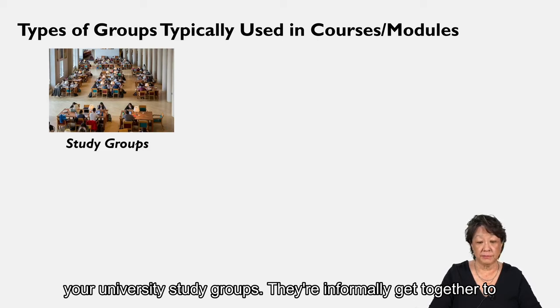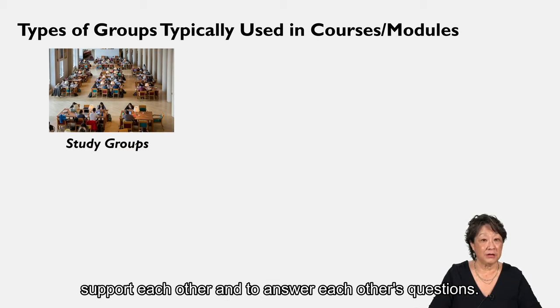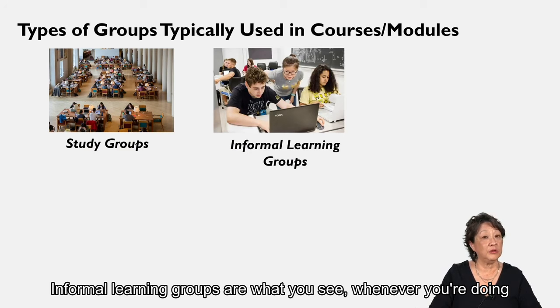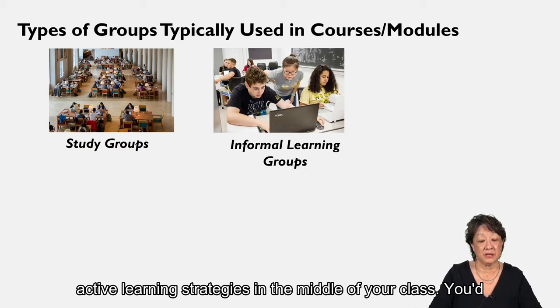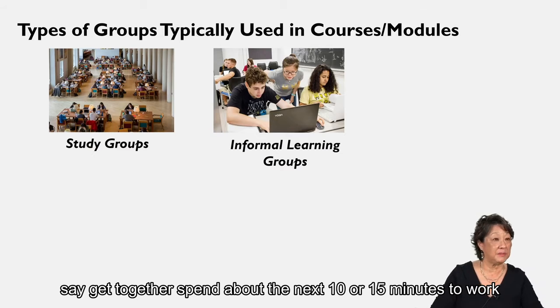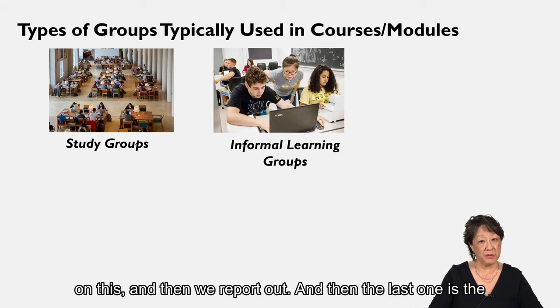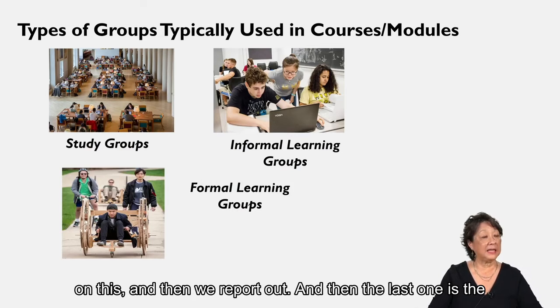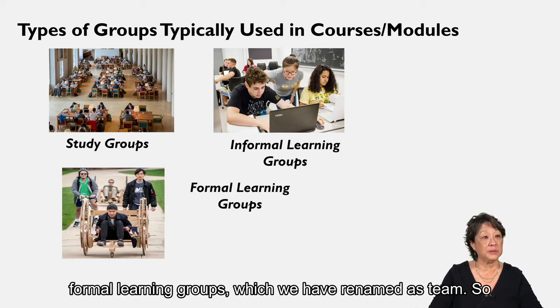Study groups, they informally get together to support each other and answer each other's questions. Informal learning groups are what you see whenever you're doing active learning strategies in the middle of your class. You say, get together, spend about the next 10 or 15 minutes to work on this, and then we report out. And then the last one is the formal learning groups, which we have renamed as team.